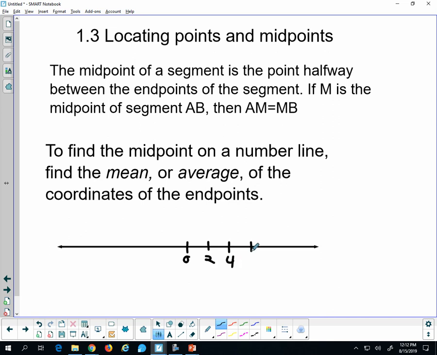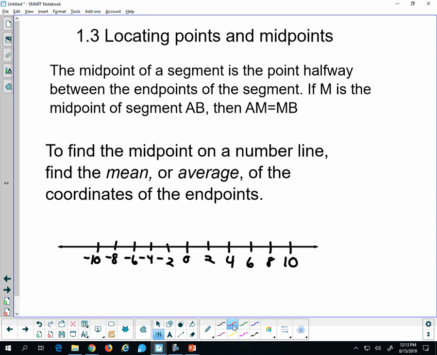I'm just going to count by twos up to 10. And then we'll have negatives on this side. -6, -8, -10.